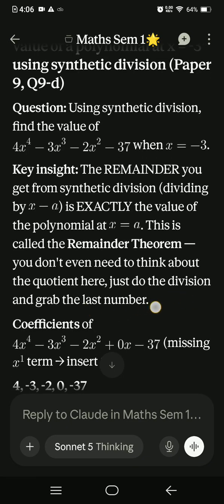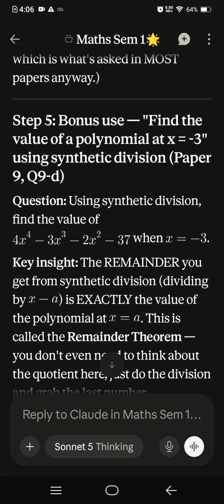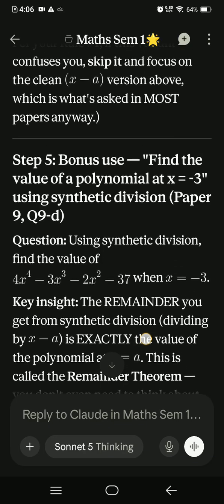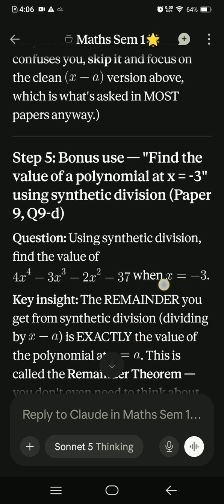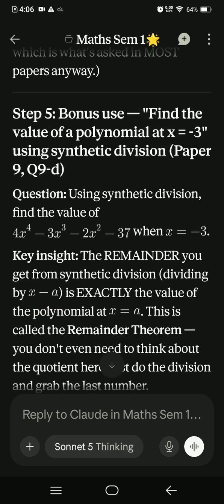Just do the division and grab the last number. Find the value of the polynomial at x equals minus 3, because this can be broken into its factors, and one of the factors would be x minus a, and we need the value of this at x equals minus 3.